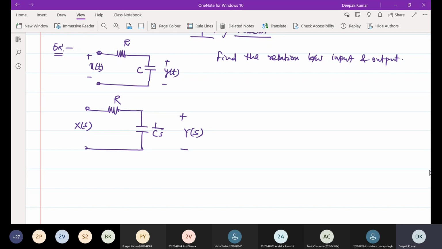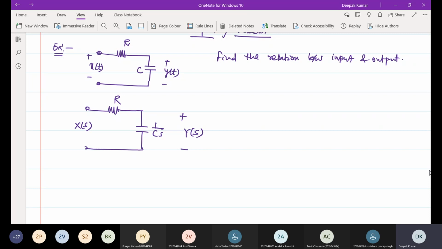R is not dependent on time, it is a constant value. The value of C depends on time, since charge is slowly stored in it over time. That's why it will be a function of time. So the frequency representation will be 1 by Cs. But R is not a time dependent parameter. The resistor is constant all the time, so it stays R itself.